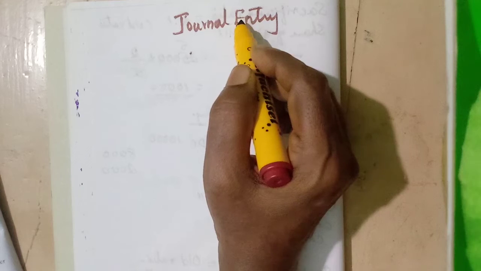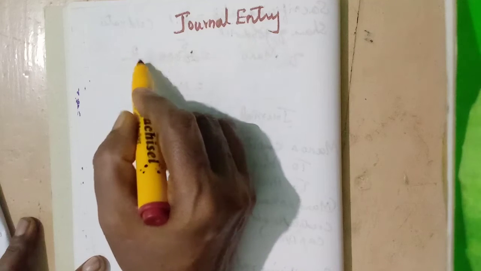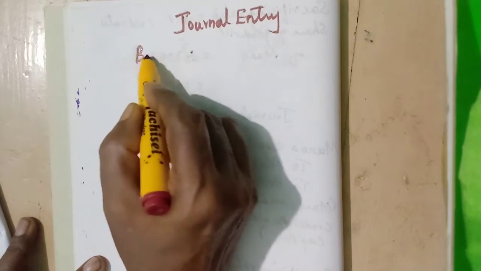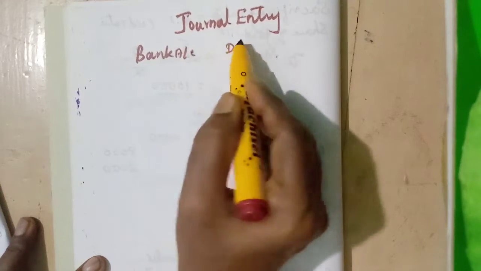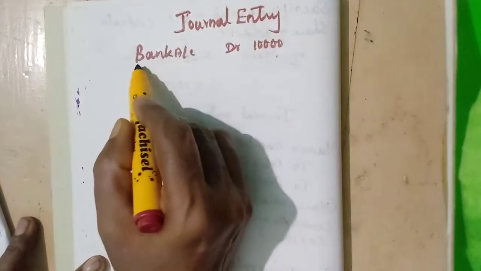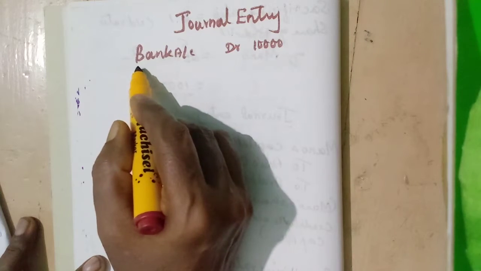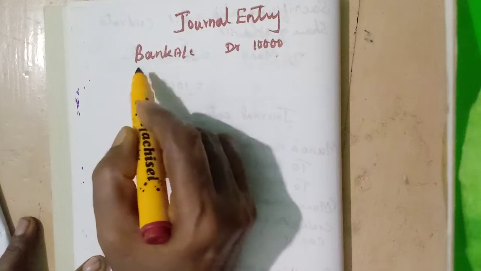How do we do it? Here he brings in cash, so we can write first Bank account debit. How much is he bringing in cash? 10,000. Then for the new partner, fluctuating capital method, so current account only, isn't it?